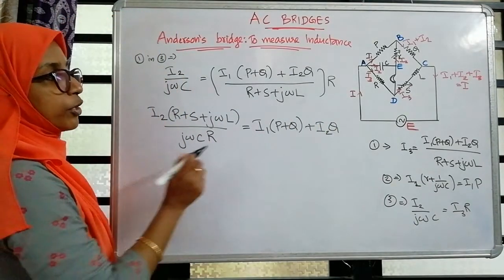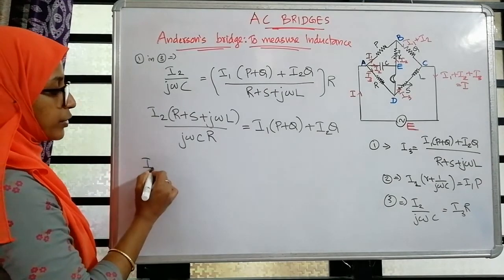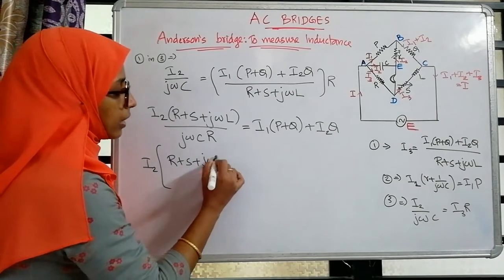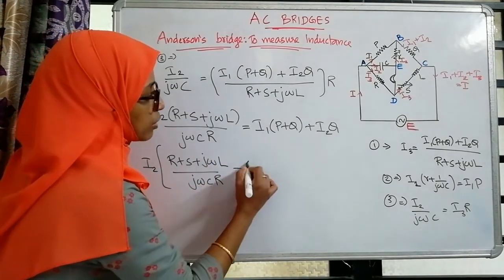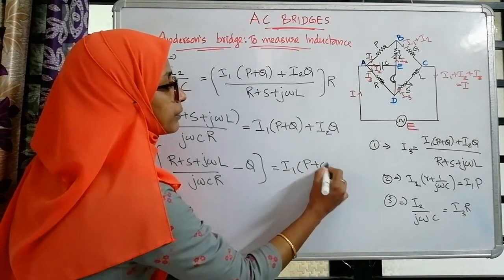Now I am going to take this I2 to the LHS. That is I2 into [(R plus S plus j omega L) divided by j omega C R minus Q] is equal to I1 into (P plus Q).